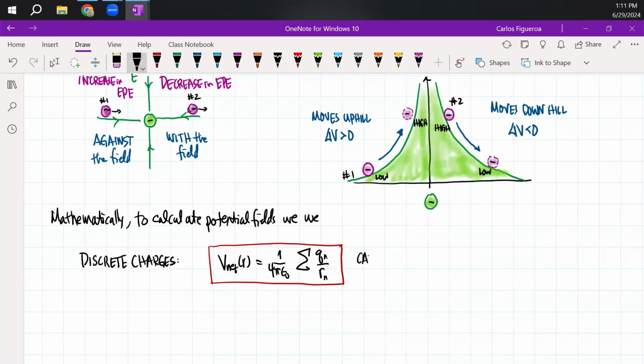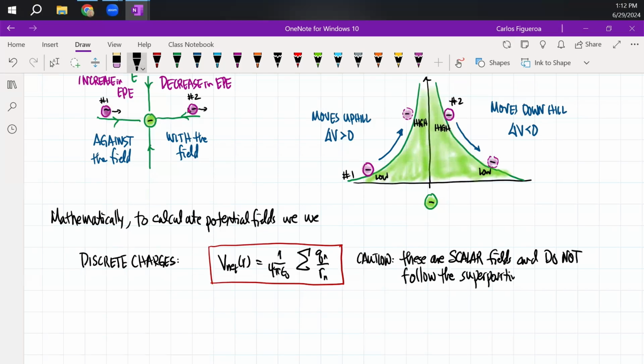Caution. These are scalar fields and do not follow the superposition principle. You've got to be careful.